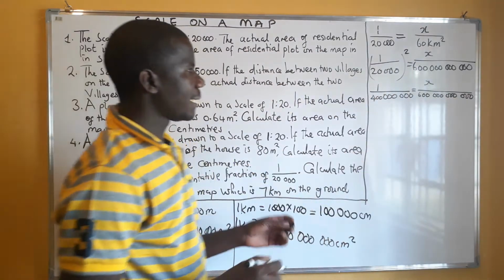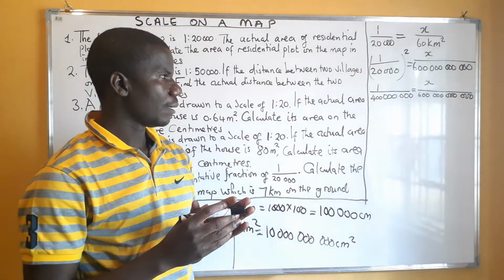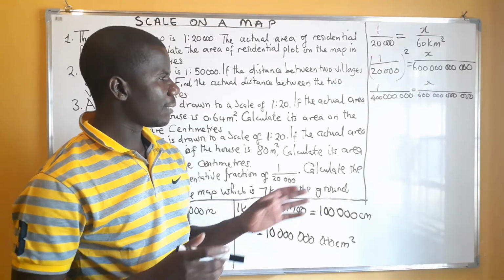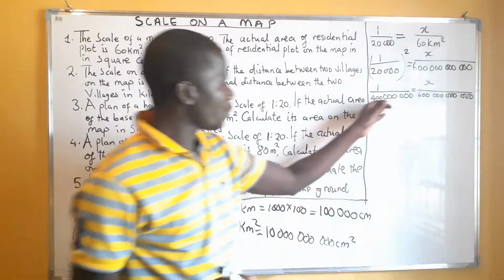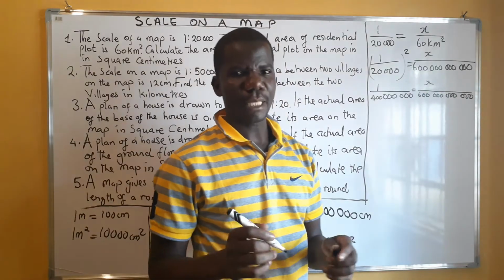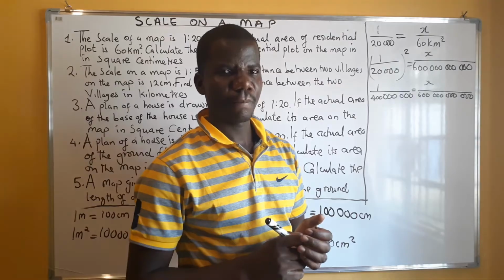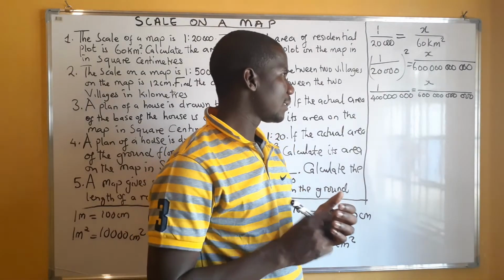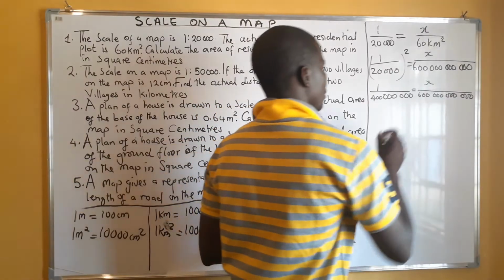At that point, we need to cross multiply in order to find the value of x. Remember what we are working with: these are centimeters squared. We're working with something that is in centimeters squared. So at this point you need to cross multiply.